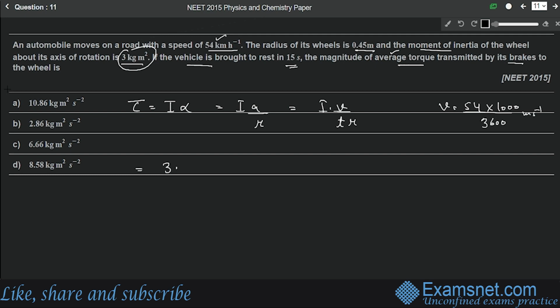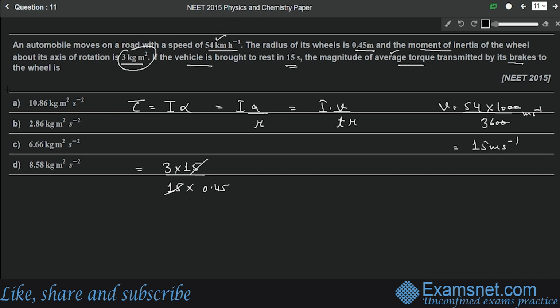On solving this, you'll get 15 meter per second. So V is 15 meter per second, upon T, that means time, which is given as 15 seconds, into R. The radius of the wheel is 0.45 meter.